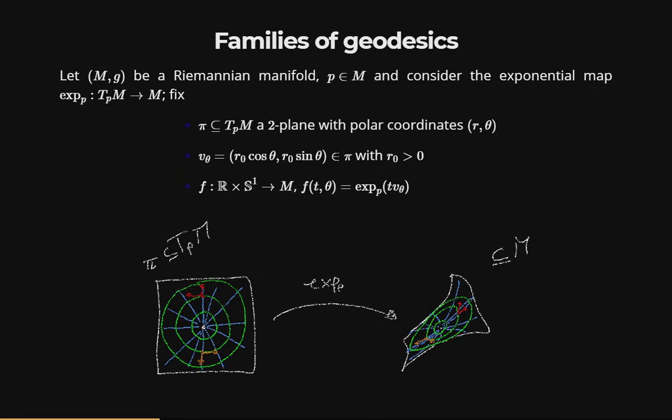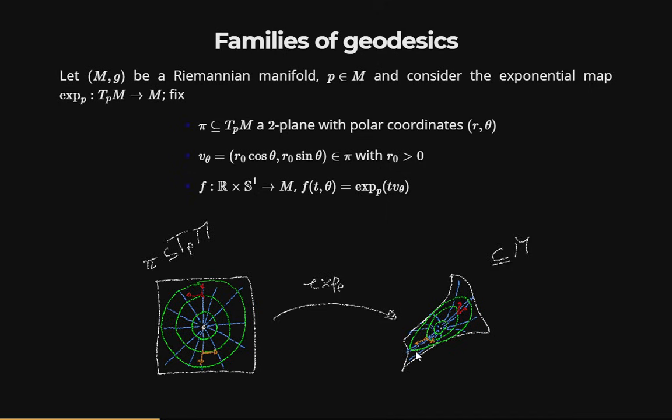This is just a rescaling of the radius, because instead of taking r, we are taking r_0 times t, but it's the same thing. And we map this inside our manifold M, which is n-dimensional. The origin goes to a point P. Your plane goes to some surface inside M. Now, by the properties of the exponential map, the blue lines go to geodesics.